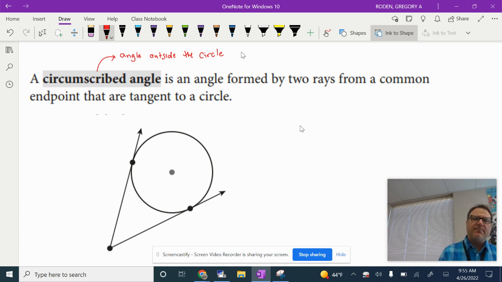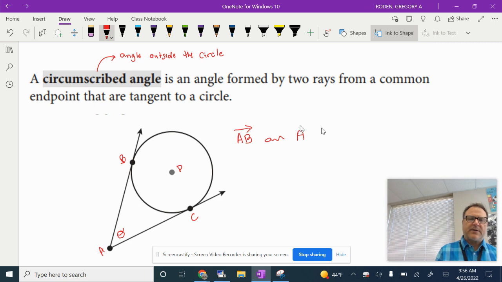So what we're talking about is this angle theta right here, where let me just get these letters here: A, B, C, and D, where rays AB and AC.